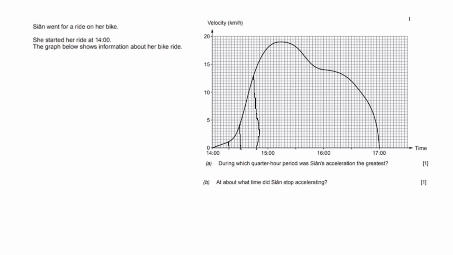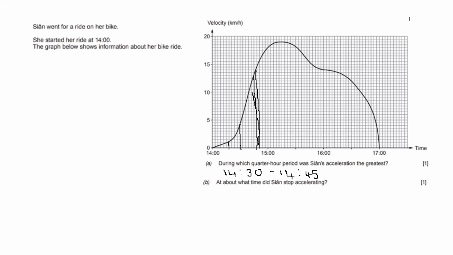And I would actually suggest that it's here. The line's a little bit wonky, but there we go. So I would say that from 1430 to 1445, Sian's acceleration was the greatest, because that's the section of the graph that goes up most steeply from left to right.